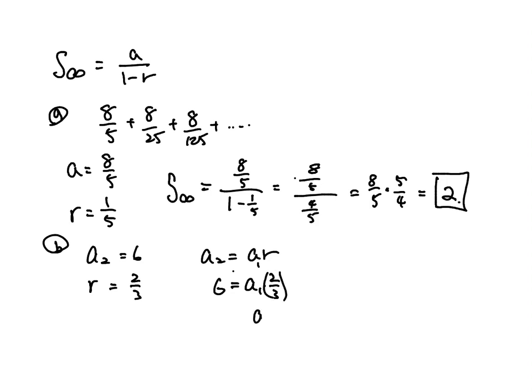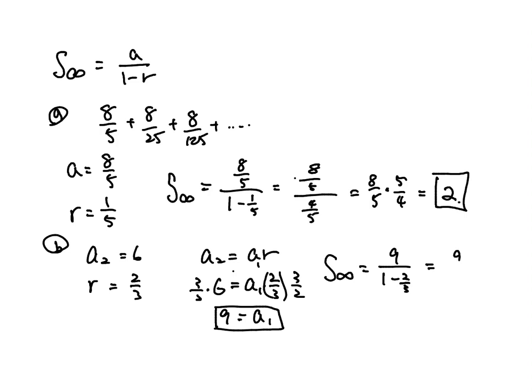And that means the first term is going to be 3 over 2 on both sides, which is 9. So once you figure out the first term, the infinite sum is going to be 9 over 1 minus 2/3, which is 9 over 1/3, and that is going to be 27.